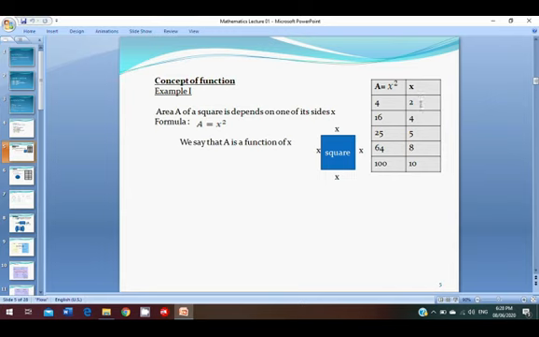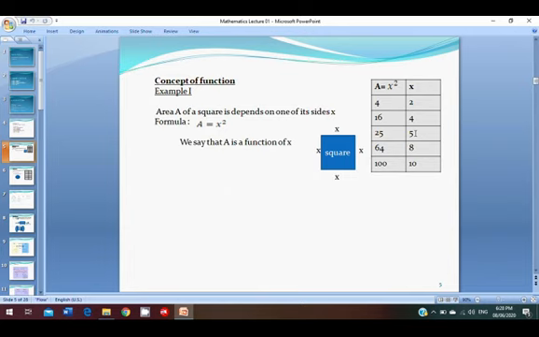When you give the value 2 to this x, A will be 4. When the value of x is 4, area will become 16. When the value of x is 5, area becomes 25, and so on. It means we can say that x is the independent variable.